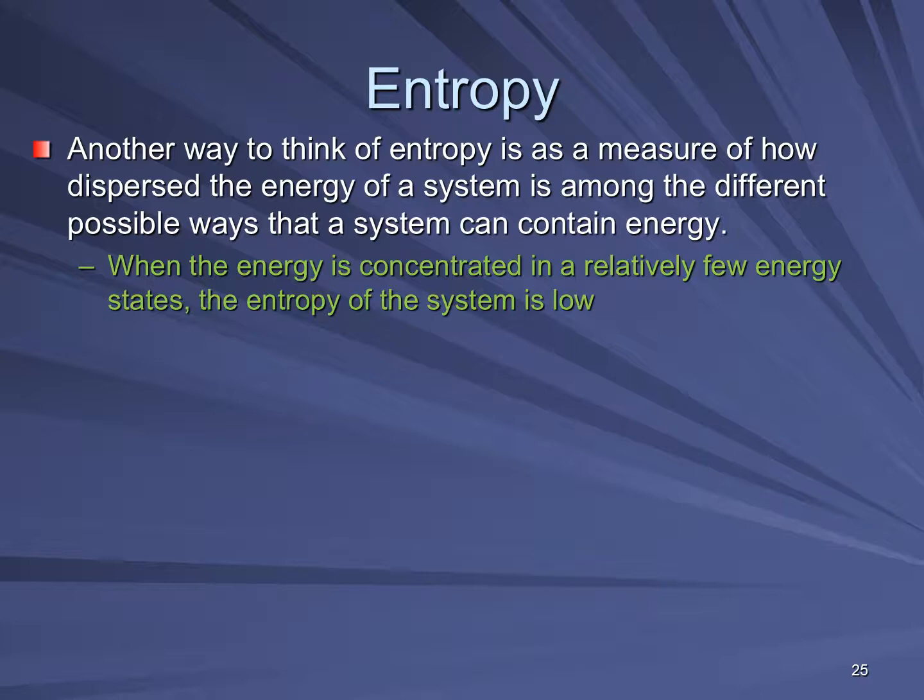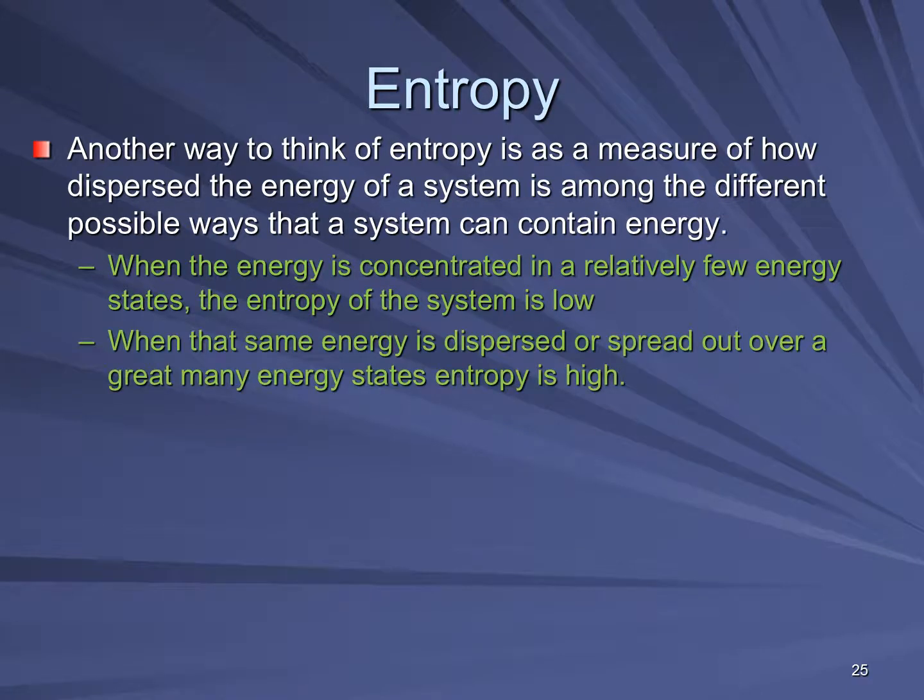So if the energy is concentrated in a few states, the entropy of the system is low. If the same energy is dispersed or spread out over a great many energy states, entropy is high. We could think of a few examples.